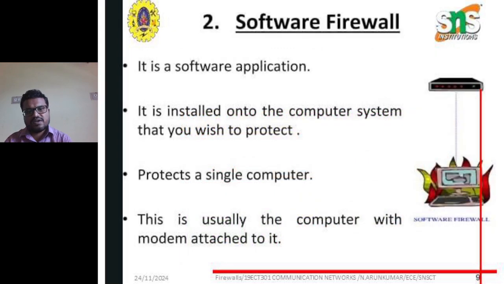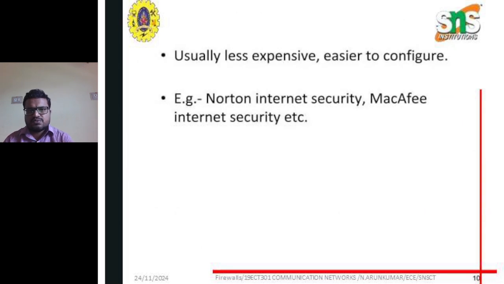Software firewall. The software protects a single computer, usually a computer with a modem attached to it. Those who use a private system, computer or laptop can use this firewall system. It is usually less expensive and easier to configure.